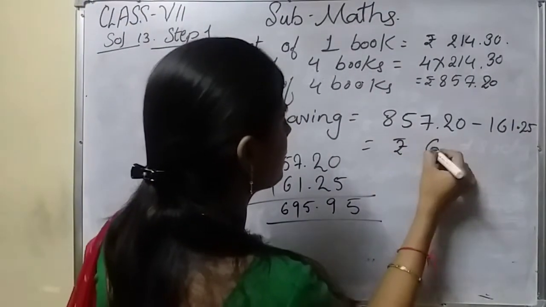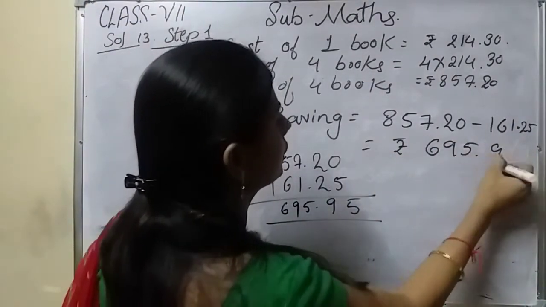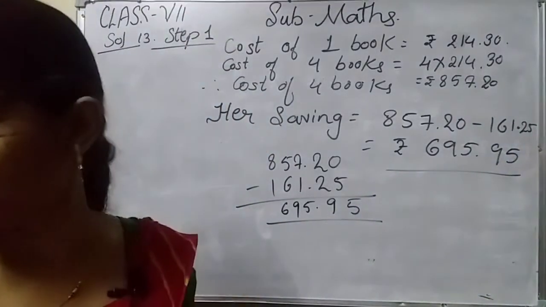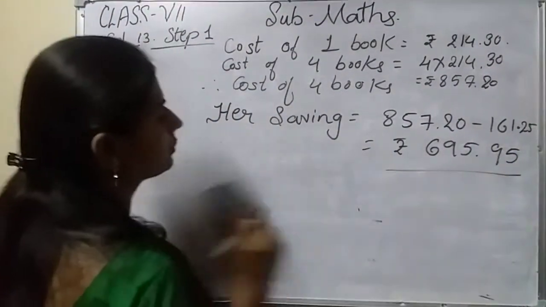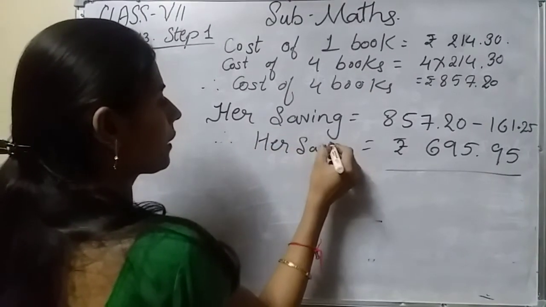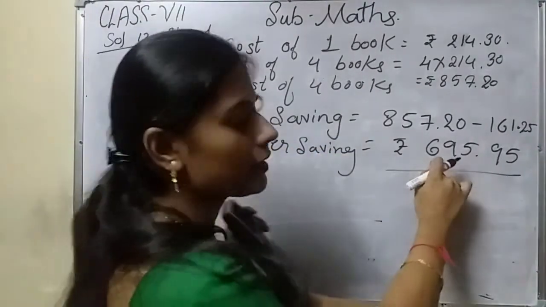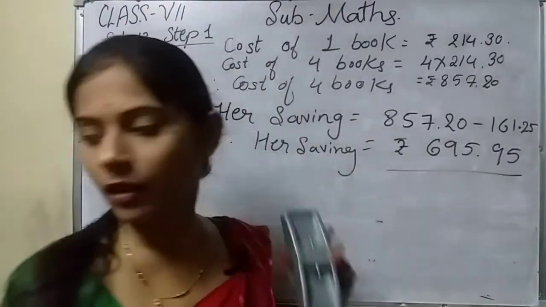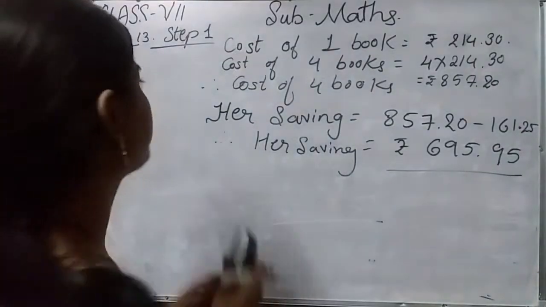Rupees 695.95 is the answer. Therefore, her saving is rupees 695.95.